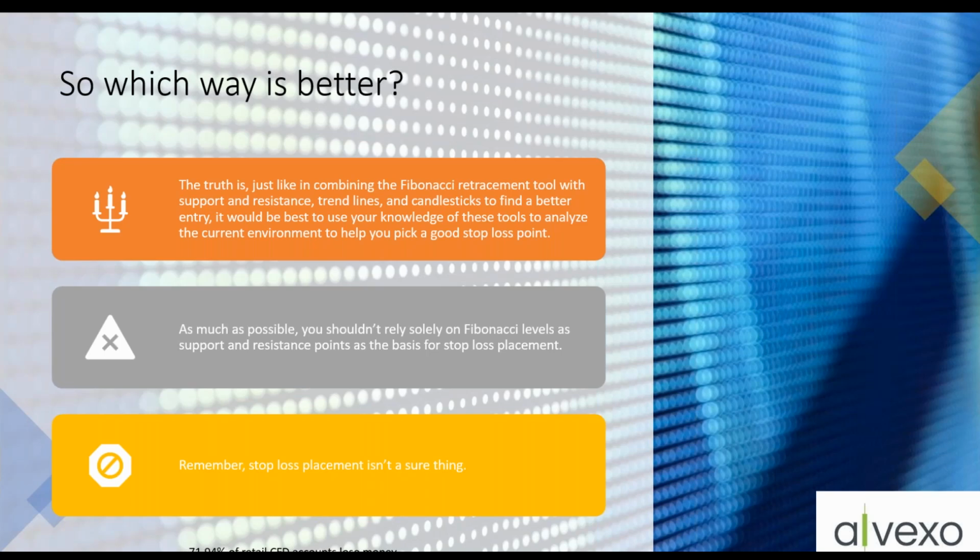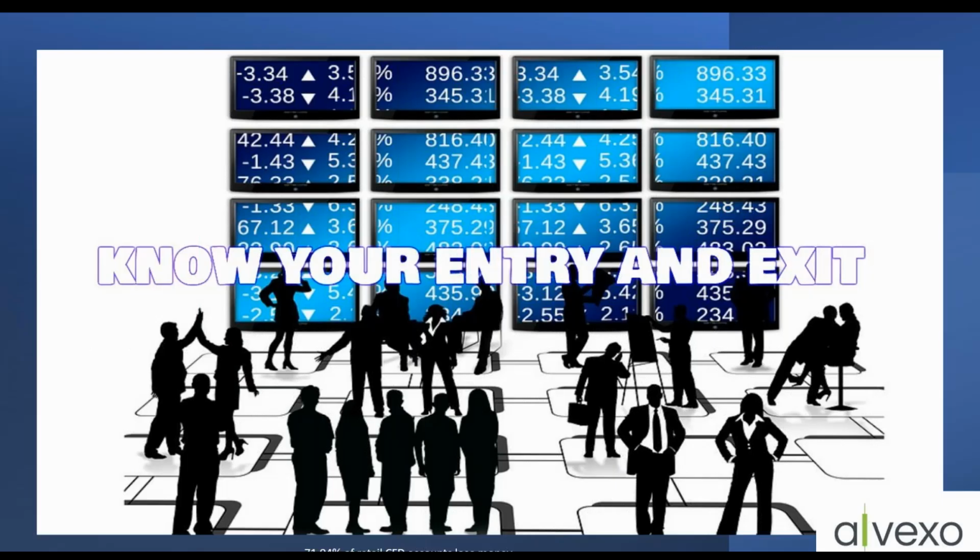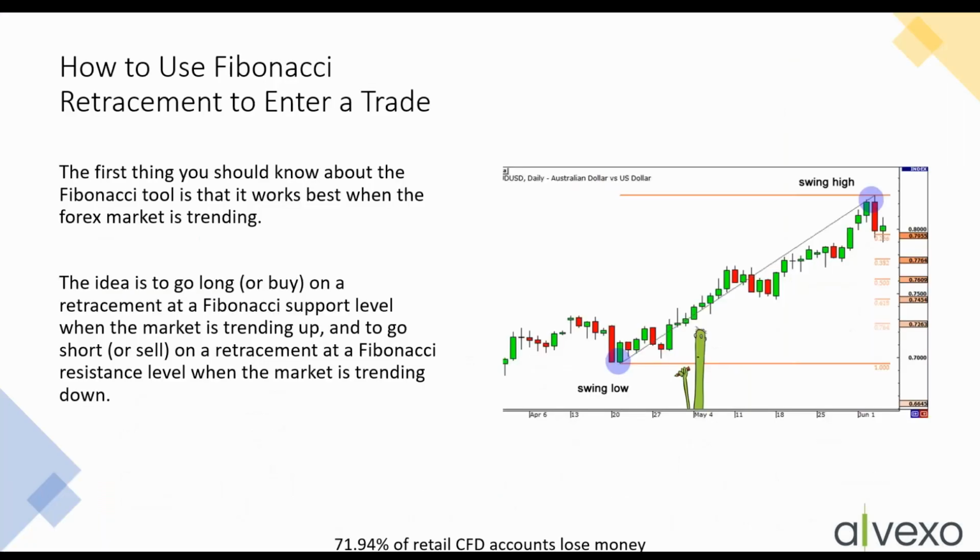So as much as possible, you shouldn't rely solely on Fibonacci levels as support and resistance points as the basis for stop loss placement. Remember, stop loss placement isn't a sure thing. And we talked about entry and exit points.